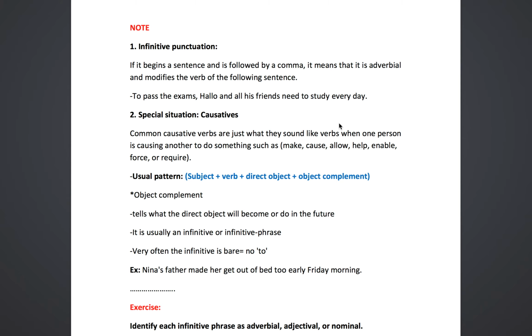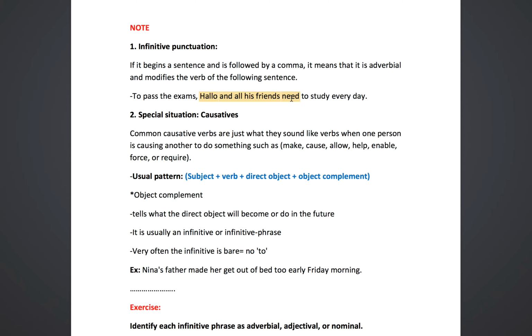If we have a sentence that starts with something, which could be a phrase or any phrase we have, and then we have a comma, and also we have the subject of a sentence, you can know that this phrase is not a subject of a sentence because we already have a main subject and also a verb. So you can determine that it's not a nominal.